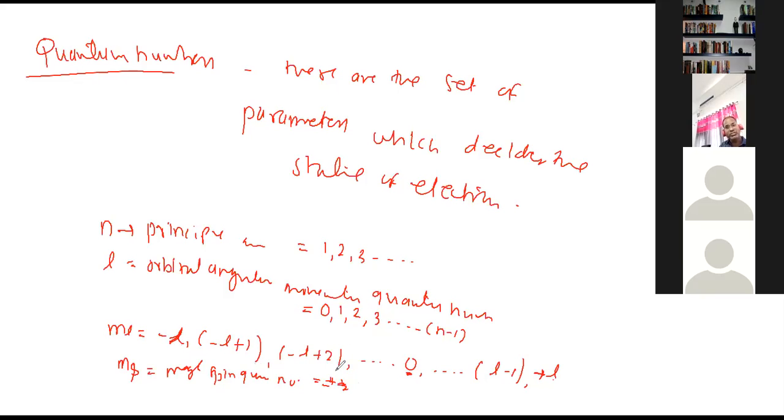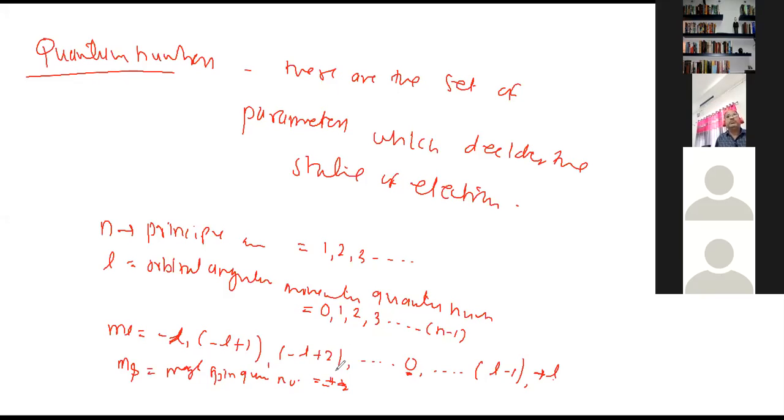So we have to see the details of all these numbers. Are you getting? Means we have to see the principal quantum number, the orbital quantum number, the magnetic quantum number ml, and the spin quantum number ms. All these quantum numbers we have to see one by one. Then they will be the end of the vector atom model. Are you getting?